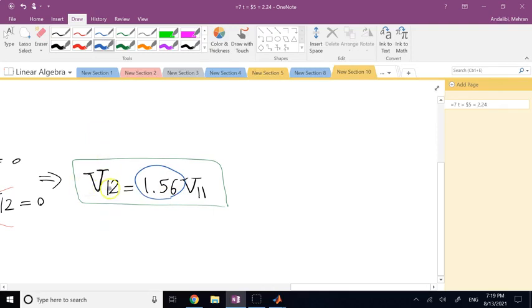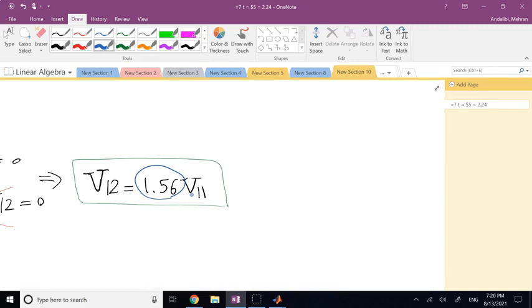If you draw this in the V12, V11 plane, the slope of the line is 1.56. All that's changing is the scale of that vector. And for eigenvectors, we do not care about their scale. All we care about is the direction. So it doesn't matter what number you choose for one of them and get the other number. The direction of the resulting line is the same, and that's again all that matters.